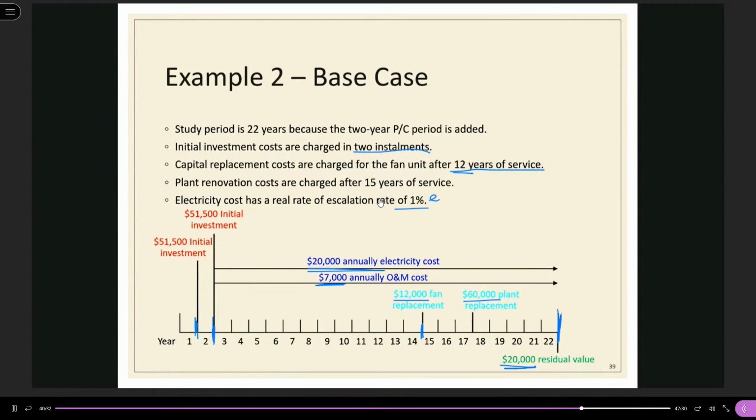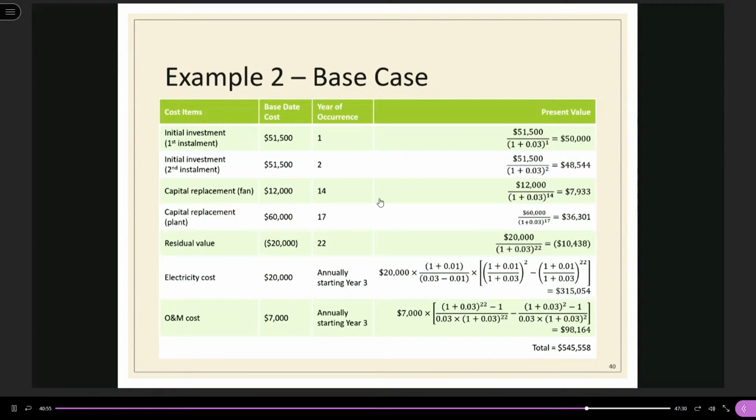All right, so these are all the costs: 2 installments for the initial cost, the recurring costs, replacement costs, and the residual value. Okay, so we put them into the equation. Now we have 2 installments.